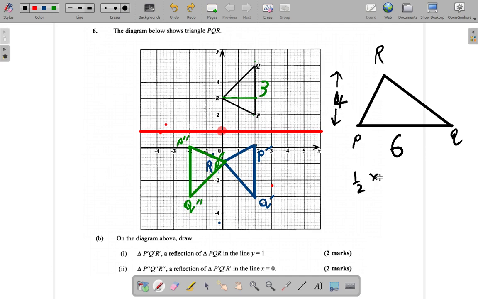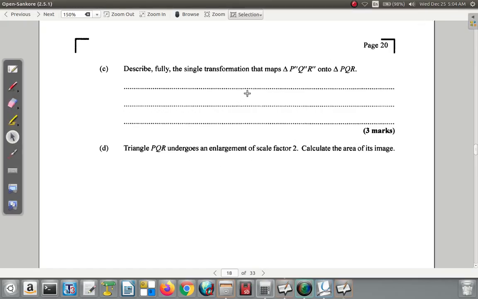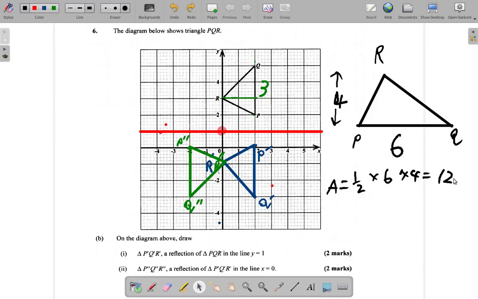So area is half base times height. 6 times 4 is 24. Half of 24 is 12. There are no units here, so let's call this 12 square units. Alright, that's one thing you could do.